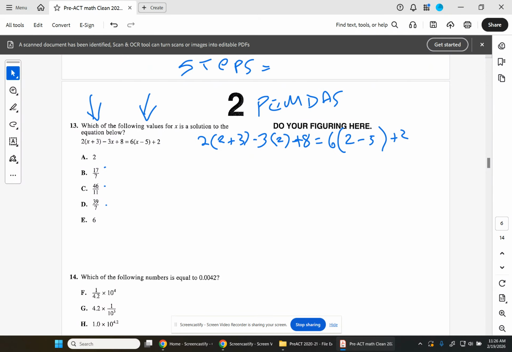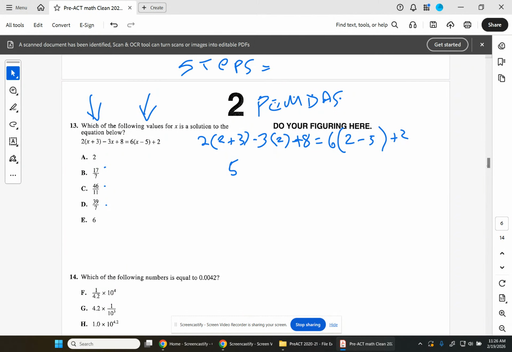When I think of the word PEMDAS, I think of parentheses, exponents, multiply, divide, add, subtract. This is it, coming to true life. So the first thing I've got to do is get rid of all those parentheses. The first one I'm going to get is this parentheses is 5.